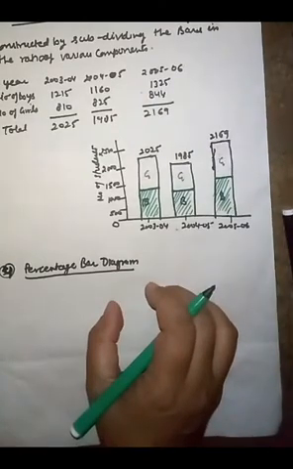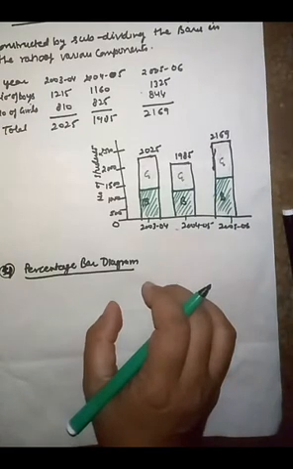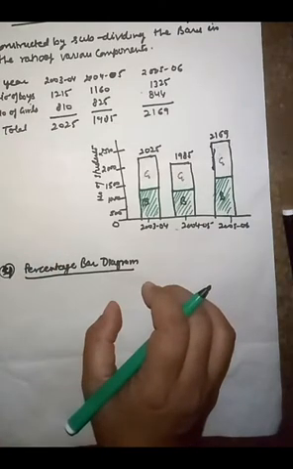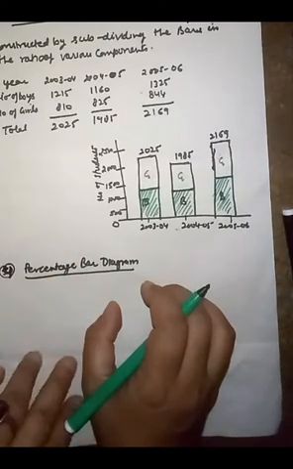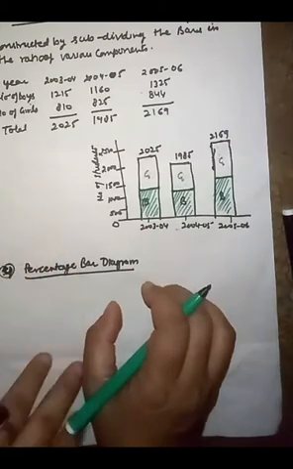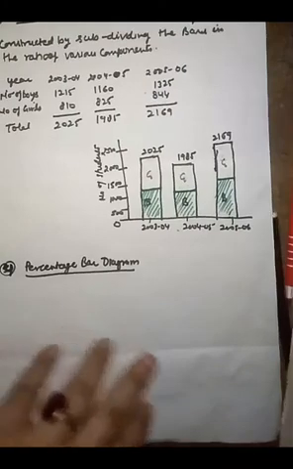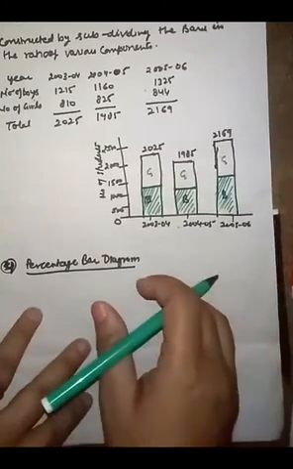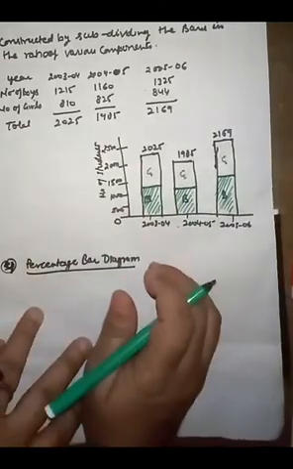Percentage bar diagram is just like a subdivided bar diagram. When a subdivided bar diagram is presented on a percentage basis, it means presentation of the subdivided bar diagram in the form of percentage.